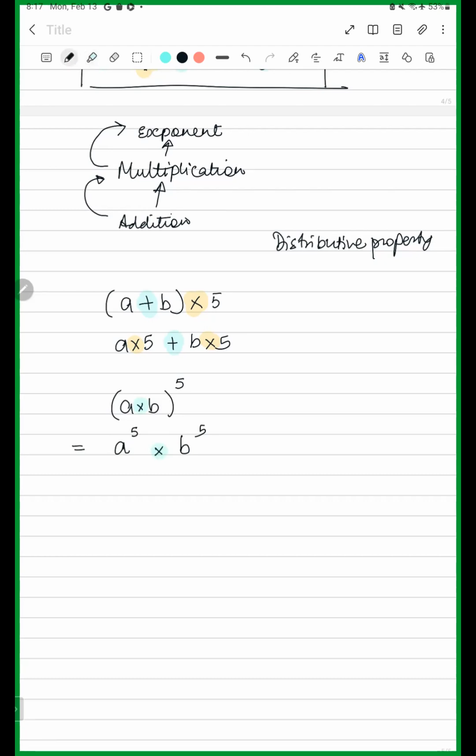Did you understand? This power 5 is common for both of them. Okay, understood. So this is your third identity, that a to the power m multiplied by b to the power m is equal to a multiplied by b whole to the power m. Write this down.